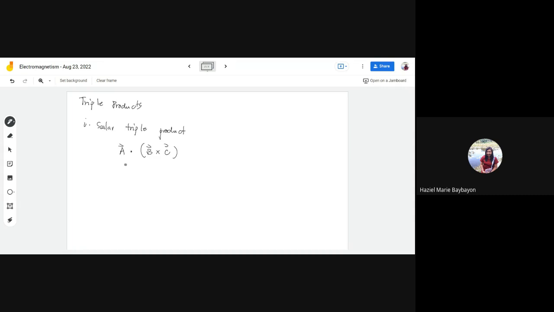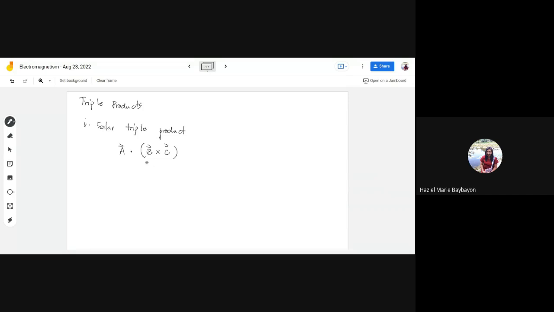So for the scalar triple product, the geometrical meaning is that its magnitude is the volume of the parallelepiped generated by A, B, and C.